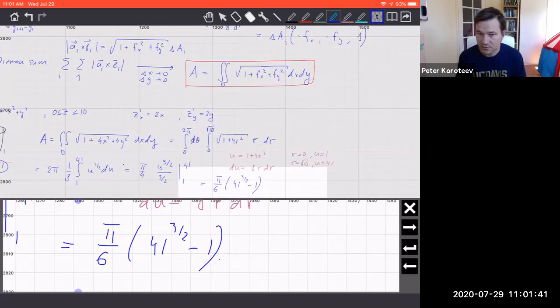Yeah, that's right. So I denoted u the quadratic expression. Okay, that's the example.